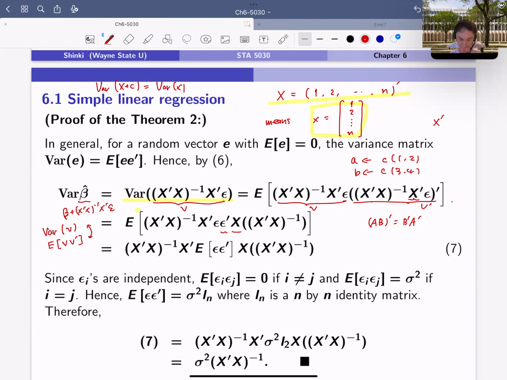And we transpose (X prime X) inverse, and actually that becomes (X prime X) inverse again. This is actually the same. This is generally true in matrix algebra.